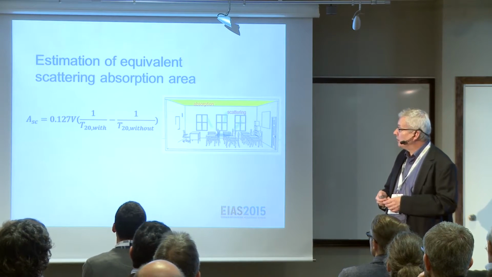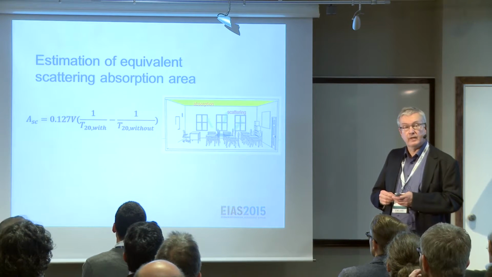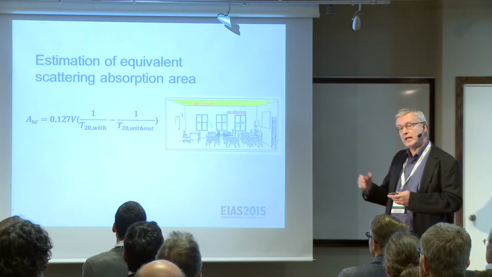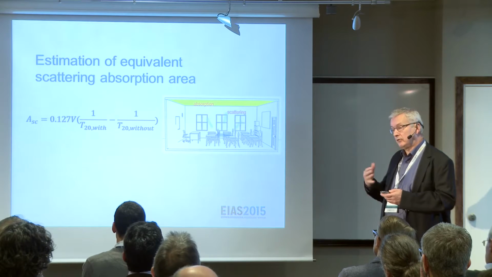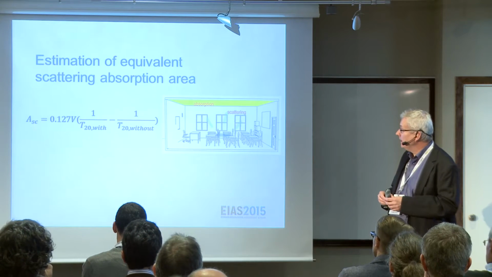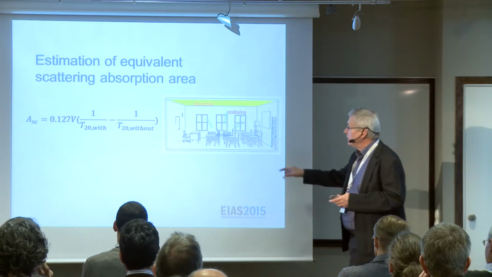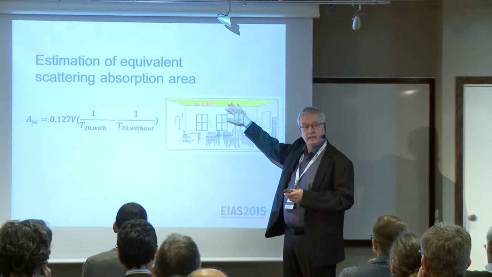first I will just show you a quite simple way to estimate the scattering. And the scattering here is expressed as an equivalent scattering area, like we have the equivalent absorption area for absorbers. And the idea here is to measure in a rectangular room with a highly absorptive ceiling.